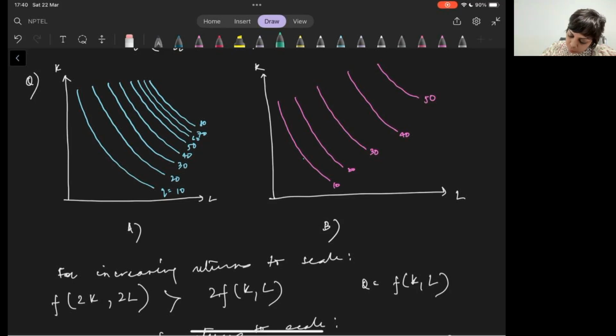Actually, it will be clearer from here instead of me explaining it. Okay, this is some quantity.